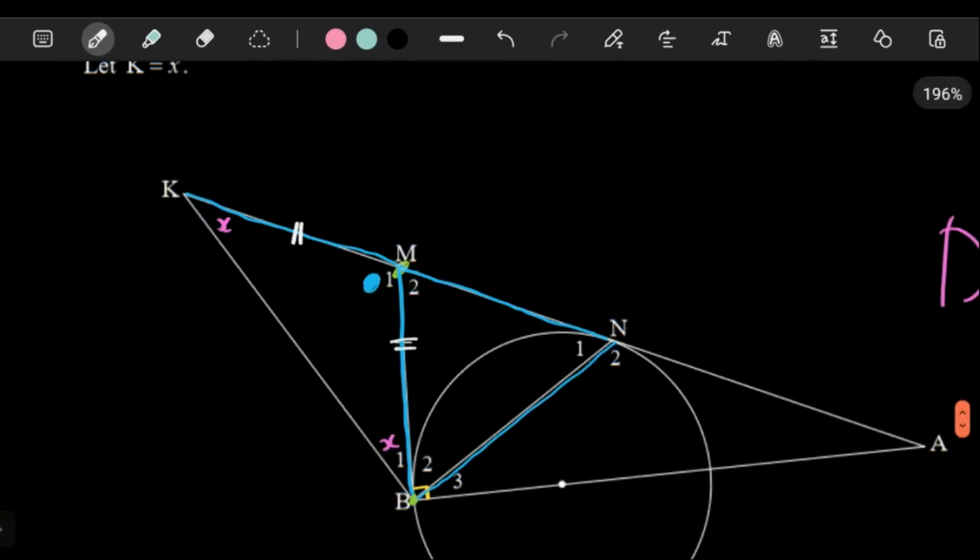This tangent is going to this part of the circle, and tangents from the same point are equal. So automatically whatever this side is, it's equal to that side. Whatever this angle is, it's equal to whatever this angle is.